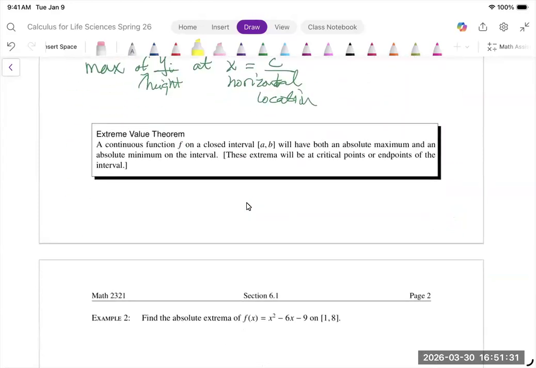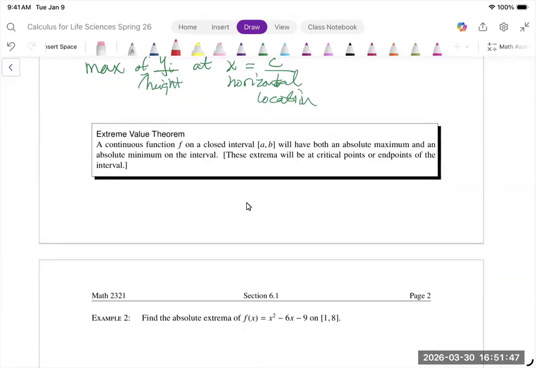Extreme value theorem. A continuous function f on a closed interval a to b will have both an absolute max and an absolute min on the interval. These extrema will be at critical points or endpoints of the interval.